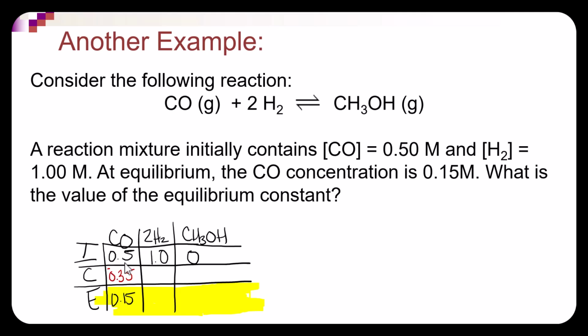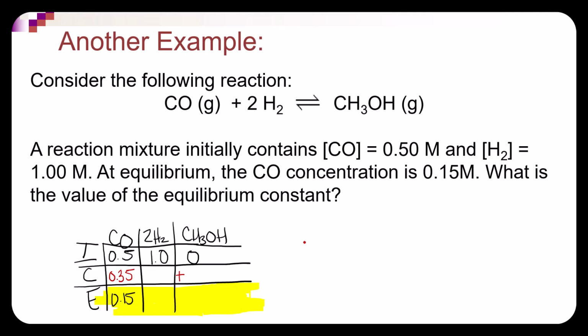So for my reactant, I see that the change here is it went down by 0.35. For my product, the change has to be positive. Why does the change have to be positive? Well, the product started with a 0 concentration. Would it make sense for that concentration to go down again? No, a negative concentration doesn't make sense.